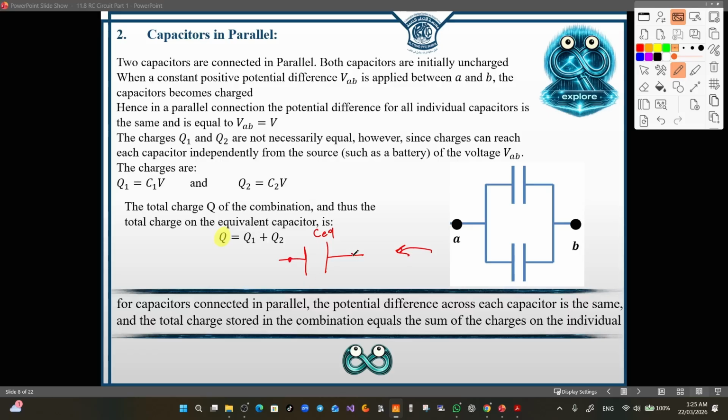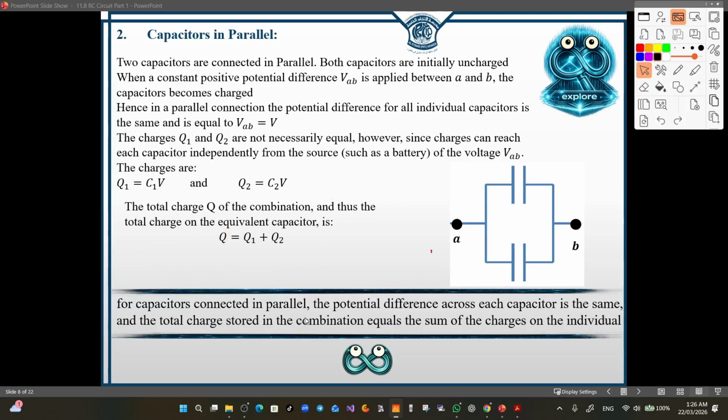The potential difference will be the same as the one across the two capacitors in parallel, but the charge here is Q, which is equal to Q1 plus Q2. So the equivalent capacitor will be able to store more charge than the individual ones.